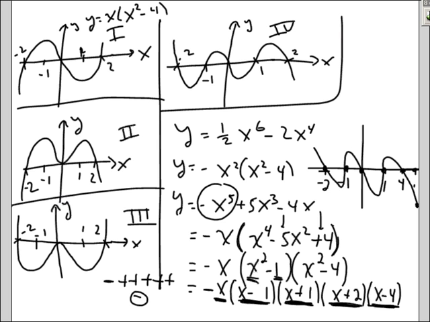If I'm not mistaken, that sure looks like graph number 4. It sure looks like the graph above here. This is y is equal to negative x to the 5th plus 5x cubed minus 4x. Okay, let's do the third one from the bottom.